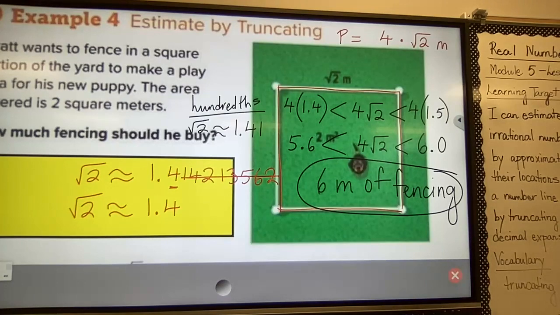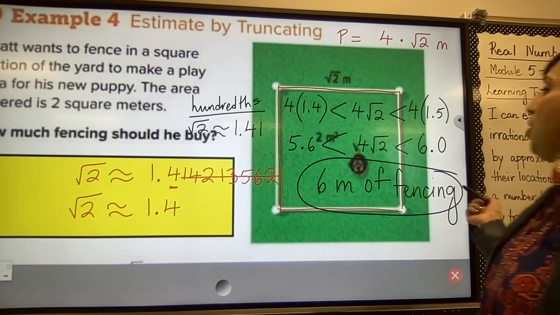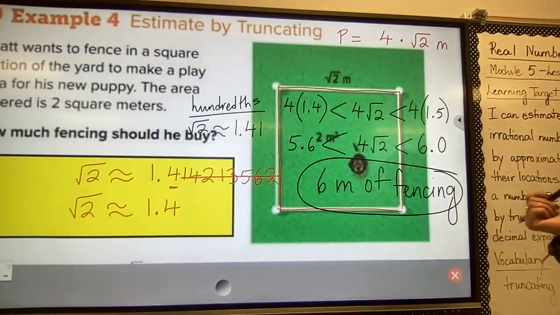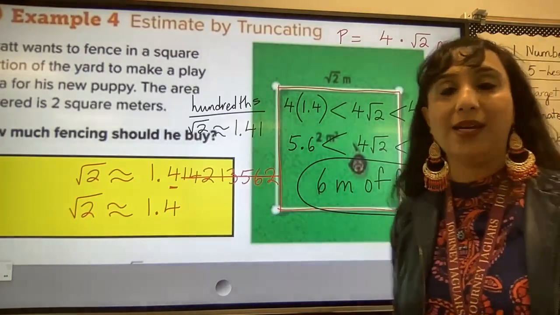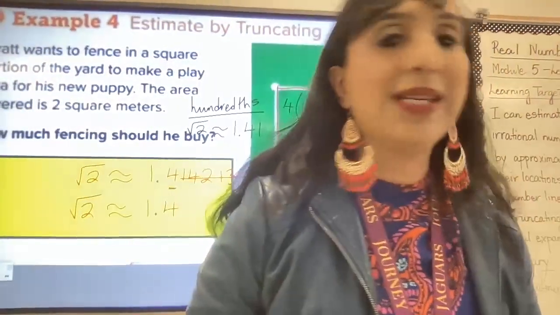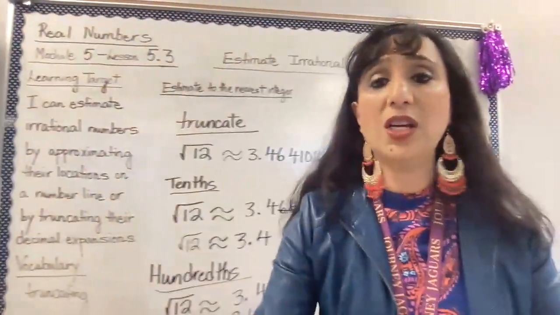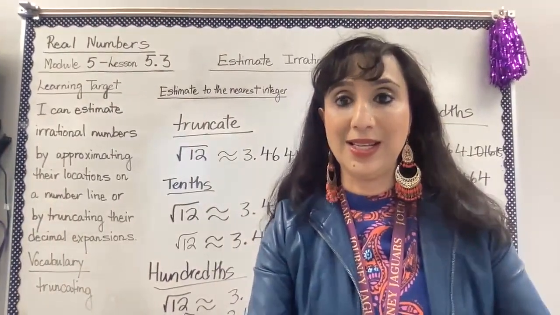And so in that case, he does not need to actually buy 6 full meters, because he could have just bought 5 and 6/800, which is closer to basically what he needs. Okay, so he could buy less in that case. All right. So that's basically what this entire lesson is about, where estimation of irrational numbers is concerned.